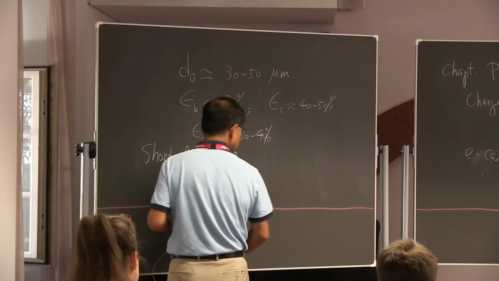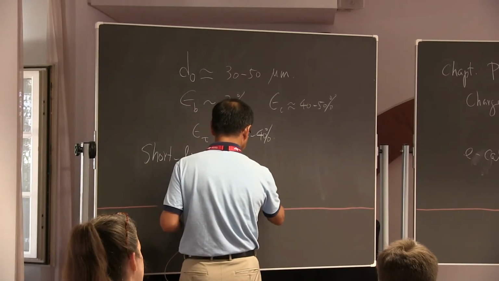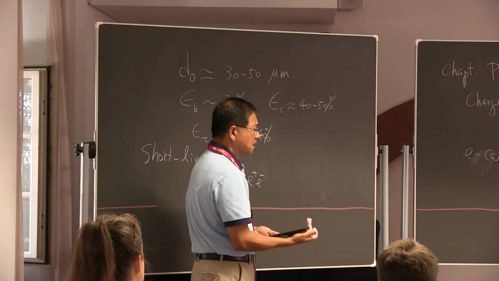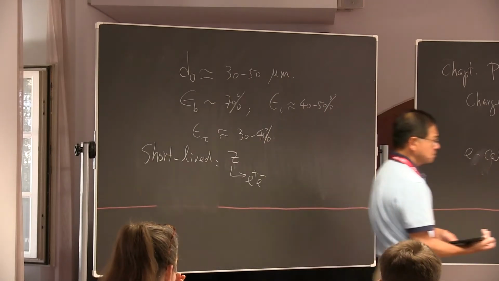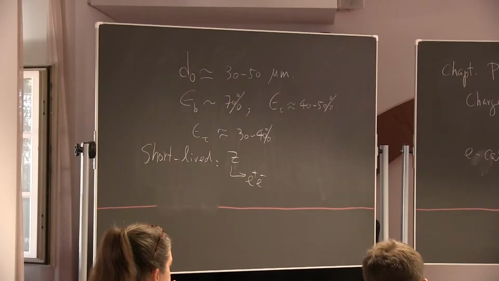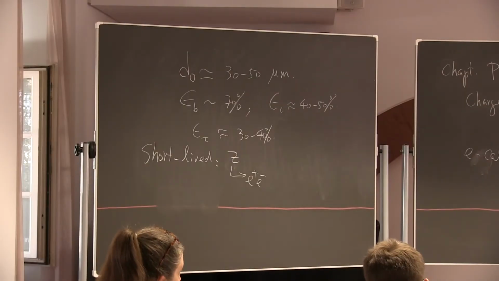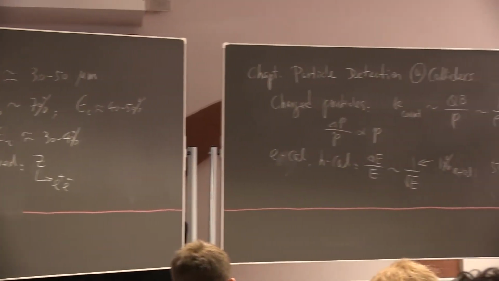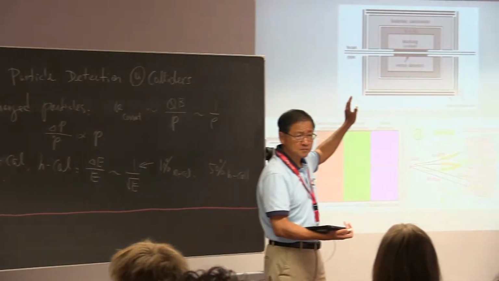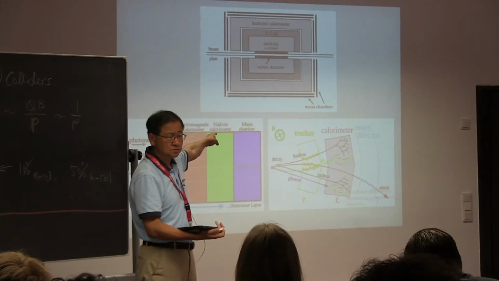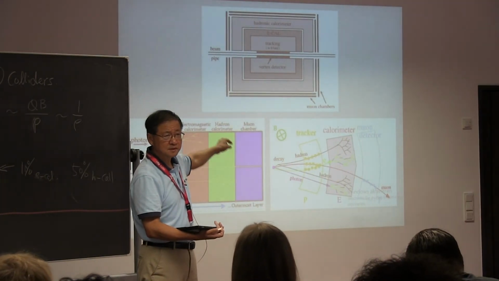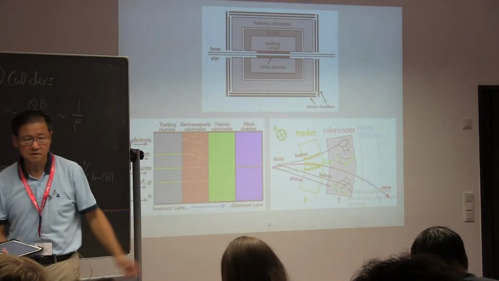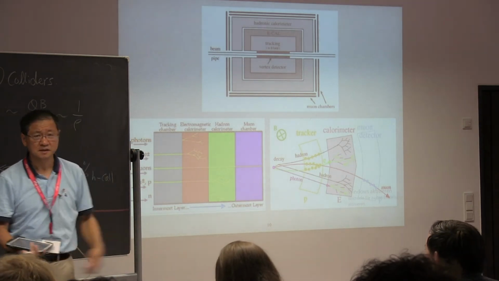Z, you can reconstruct from e plus minus, and all the particles have to behave like this. Those are observables, no matter how fancy the particles are. That's all available to you. So the Higgs, go back and look for the Higgs from there. That's all you can do.